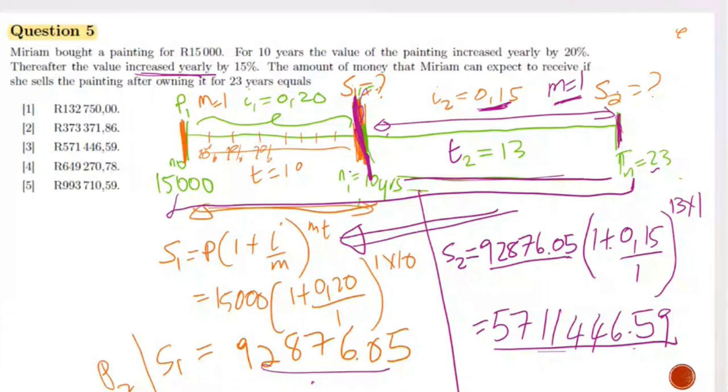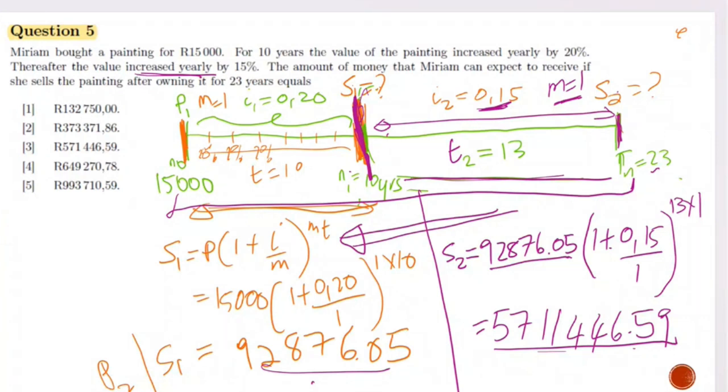Let's see. 571,1446.59. I want to check if ever you are adding these two. 9276.05. 572, but it's not there. Okay. Is that right?